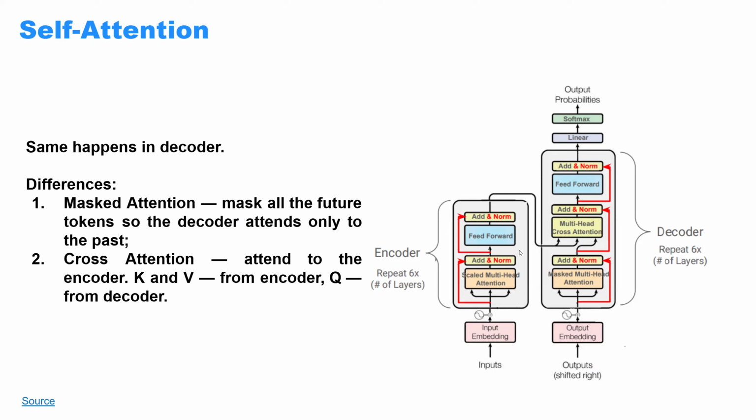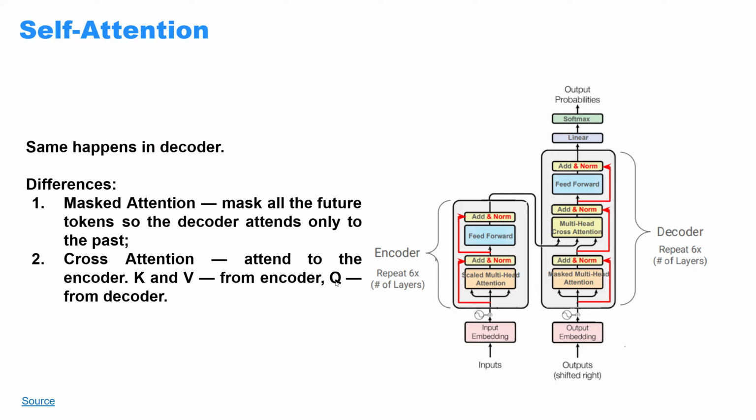And we also have cross attention. That's the same as attention between encoder and decoder in our RNN architecture. So we have K and V from the encoder and Q from the decoder.